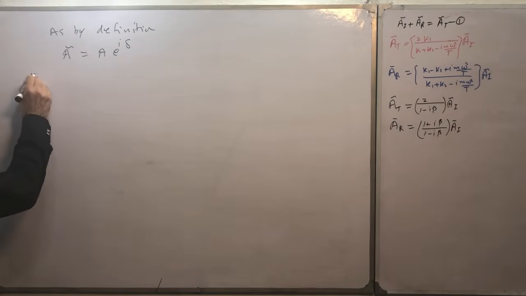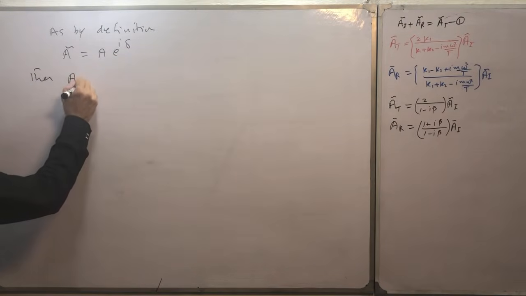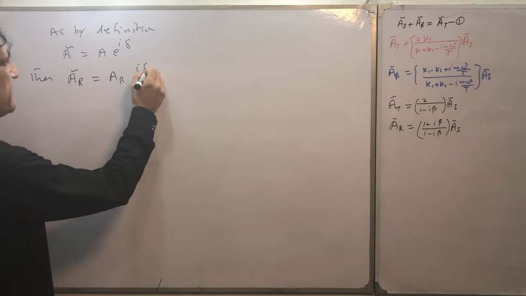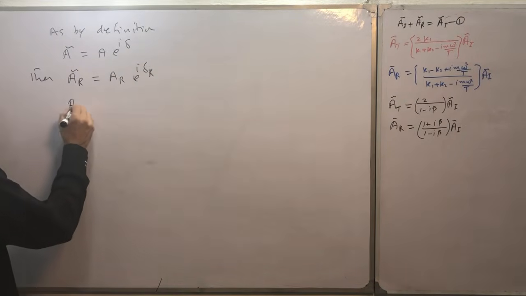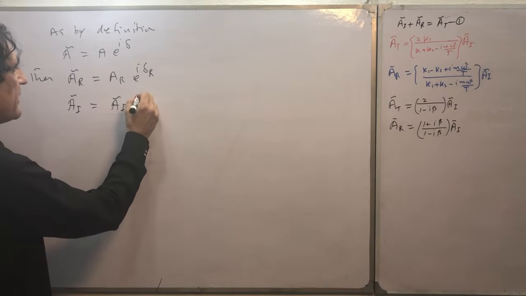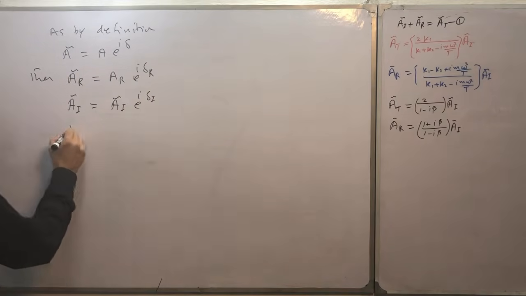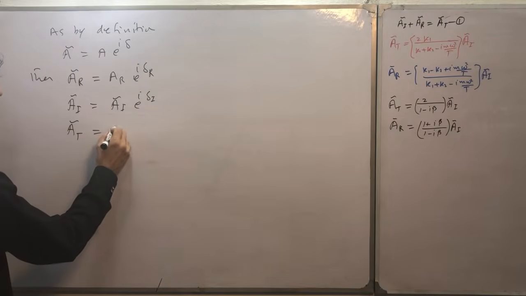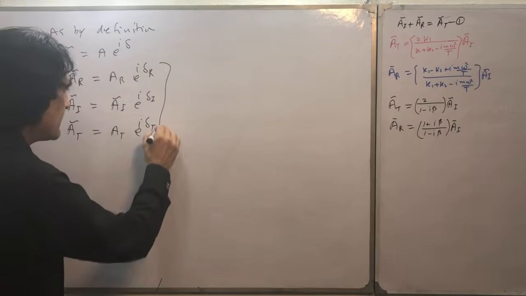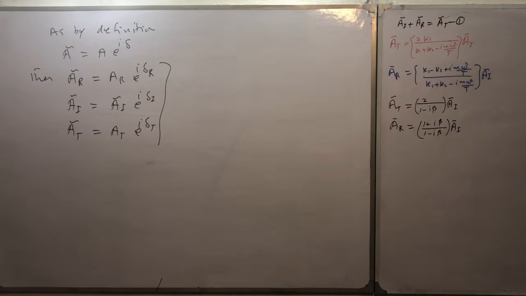Then AR tilde is equal to AR e to the power iota delta R, AI tilde is equal to AI e to the power iota delta I, and AT tilde is equal to AT e to the power iota delta T. This we will have.